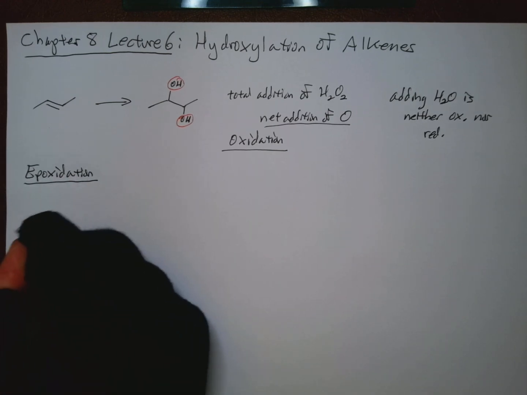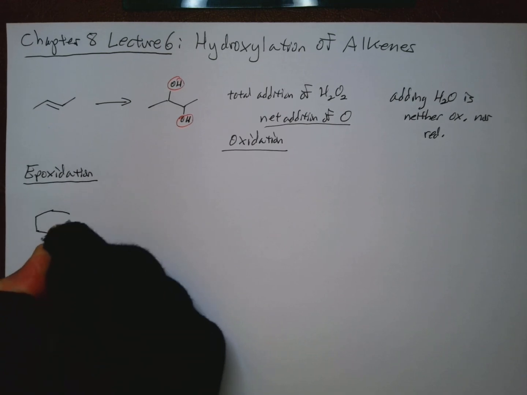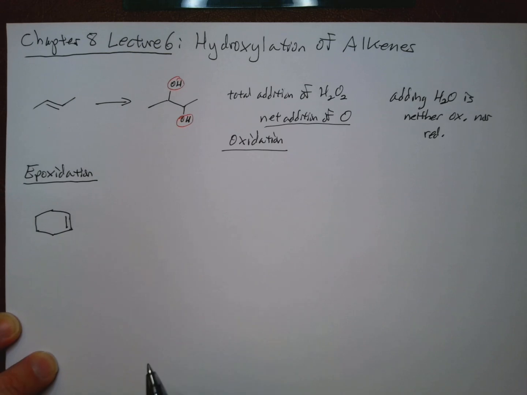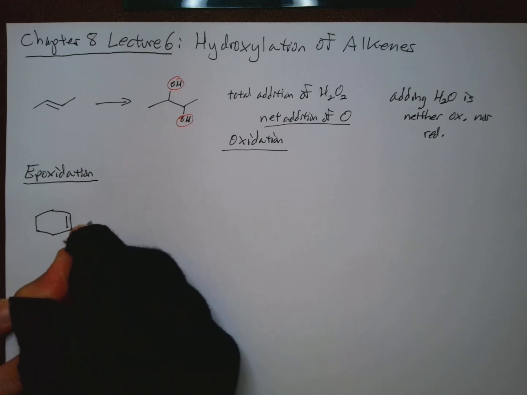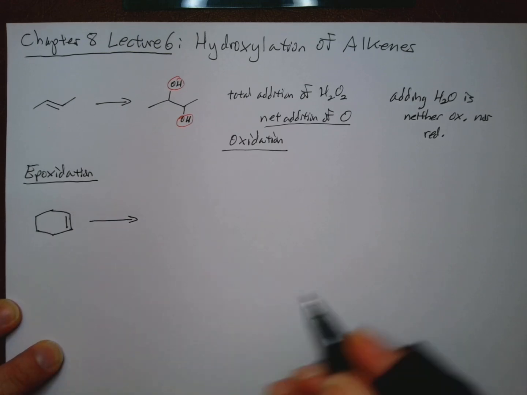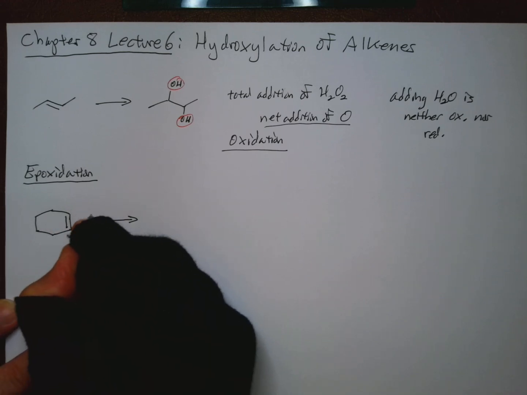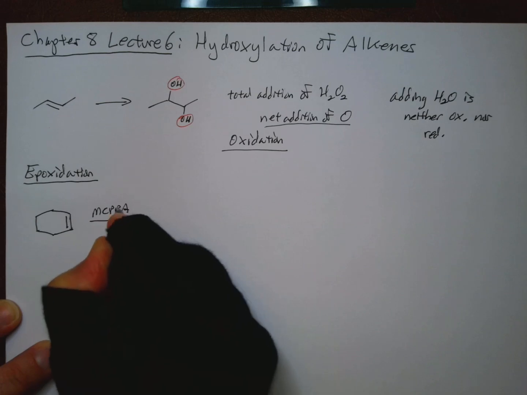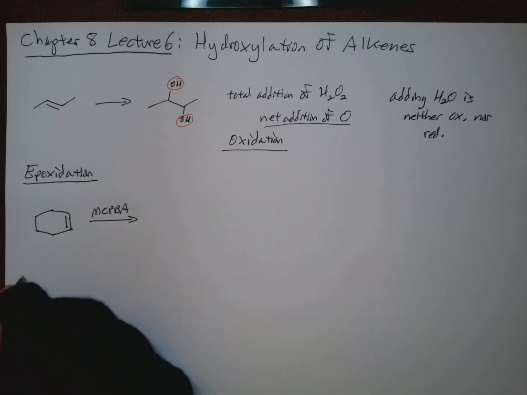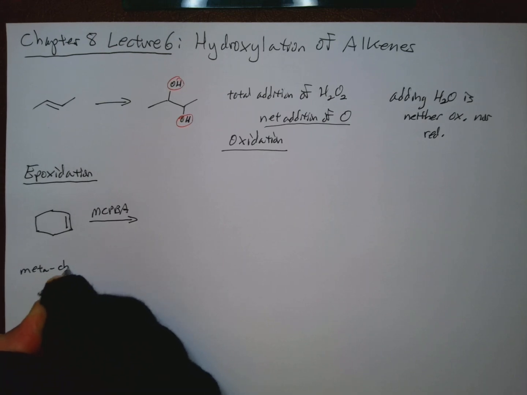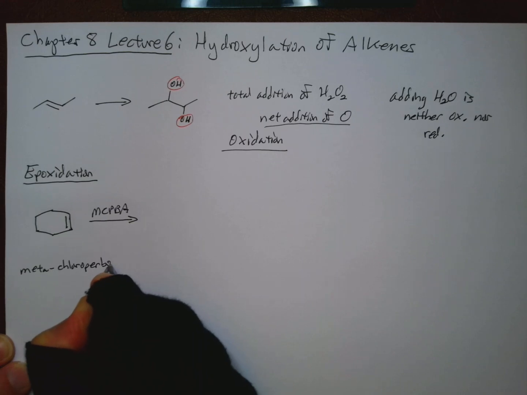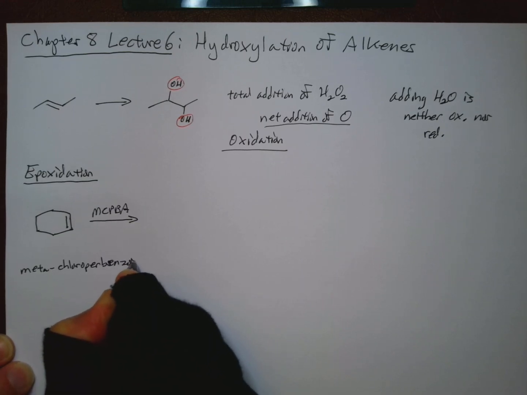Let's take a cyclic alkene here, and I'm going to use something called MCPBA. MCPBA is meta-chloroperbenzoic acid.